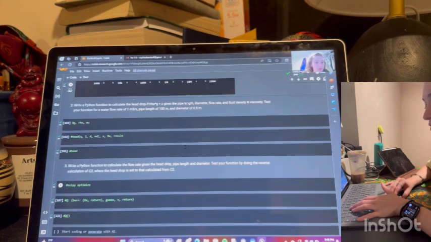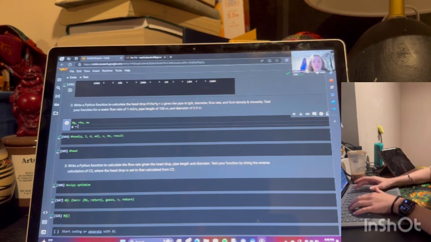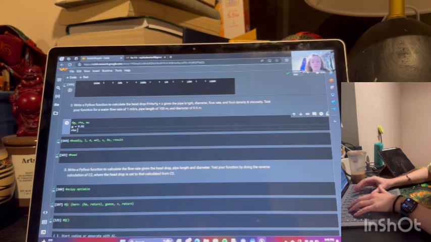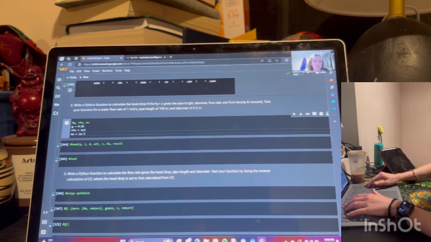Moving on to question 2, we'll be writing a Python function to calculate the head drop, given the variables and testing for given variables as well. So we're going to start with g equal to 9.81, rho equal to 1e3, and then mu equal to 1e negative 3.